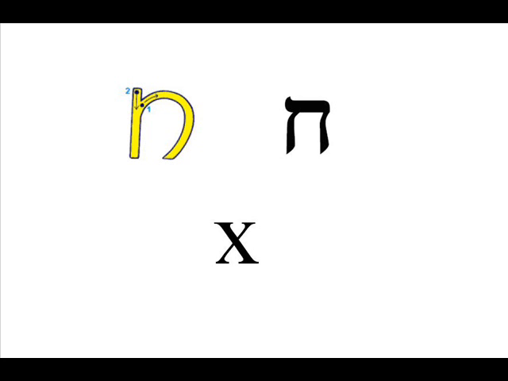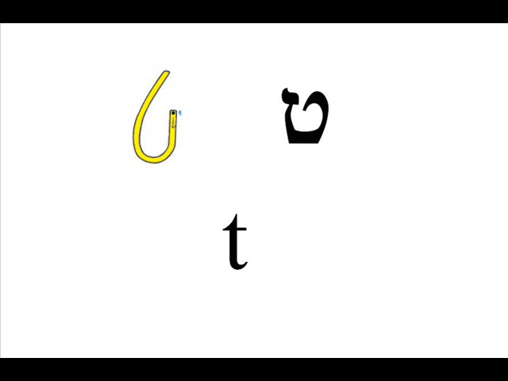This is our chet. The ninth letter is tet. Also tet, thousands of years ago, was pronounced like the Arabic letter ta. For example, in Arabic we have tawila, and today it is pronounced ta, and it is a consonant letter.